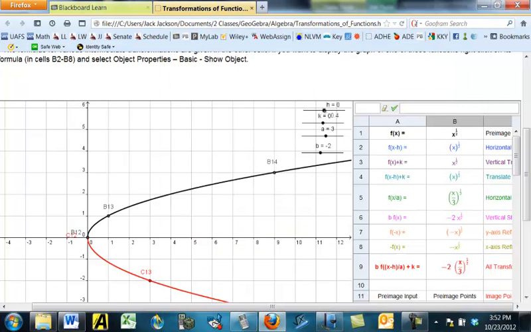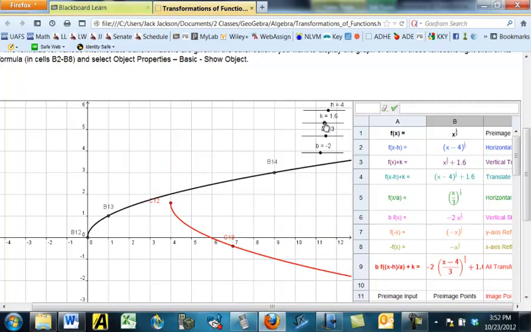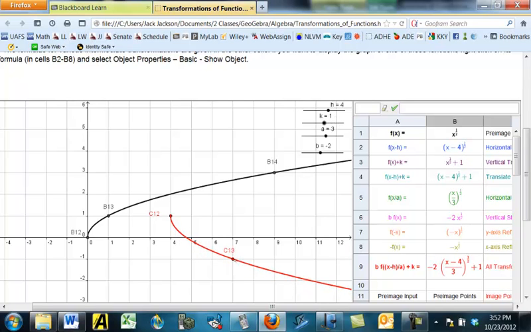So this is going to stretch, this is going to shift. So let's say I shift 4 to the right and then maybe up 1. Okay, and so our final image of the point (1, 1) was down here. But notice how we thought of this in the order. And in order, it turns out, does make a difference.